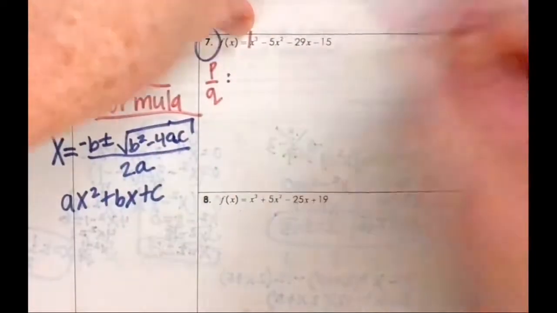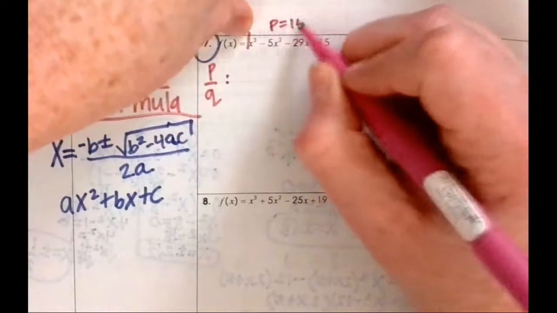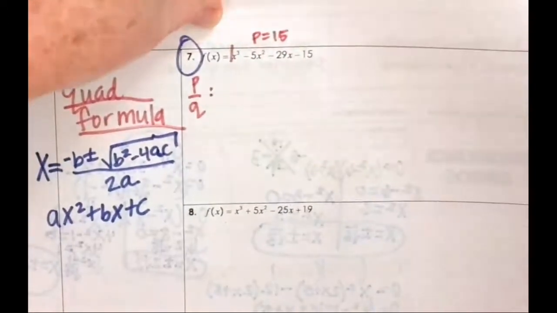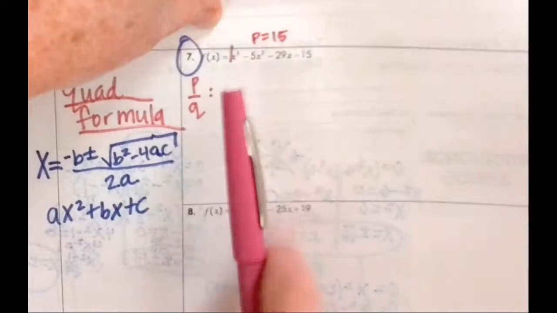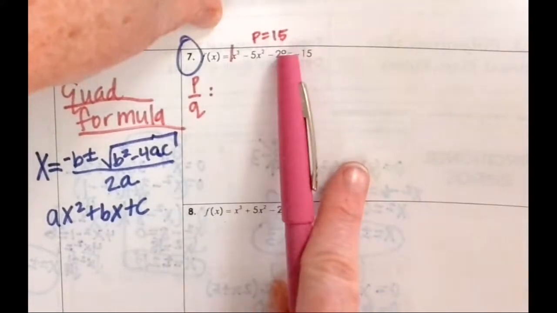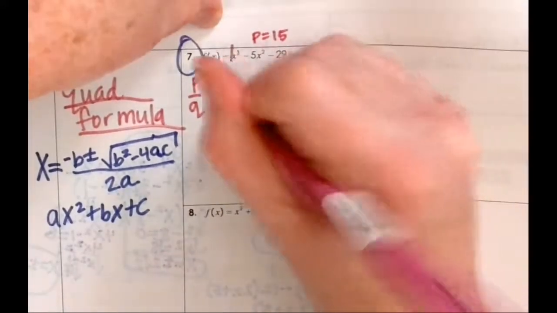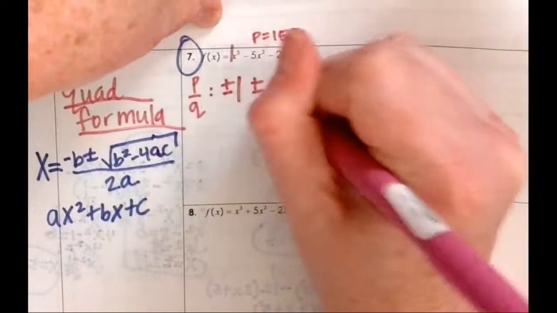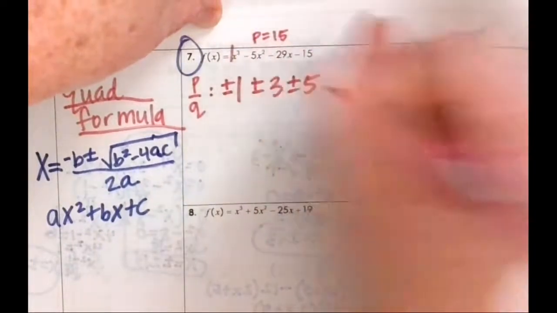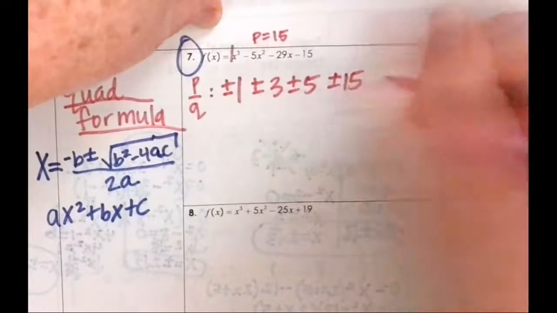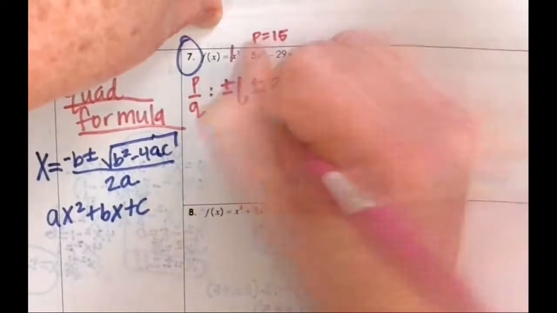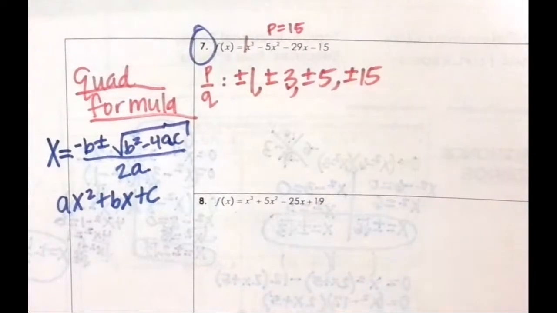So P is negative 15, P is 15. The negative doesn't matter. So P over Q, since Q is 1, it's just going to be plus minus all the factors of 15. So plus minus 1, plus minus 3, plus minus 5, plus minus 15. Okay, and again, don't choose 15. You're not going to get 0 when you plug that in. That's way big number.